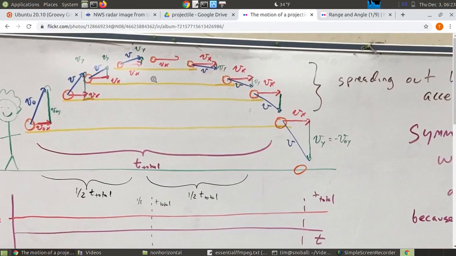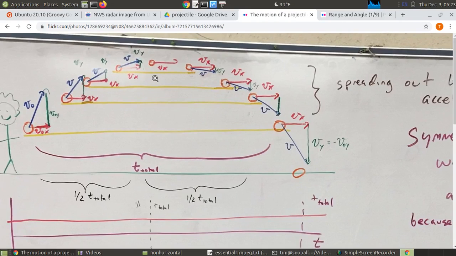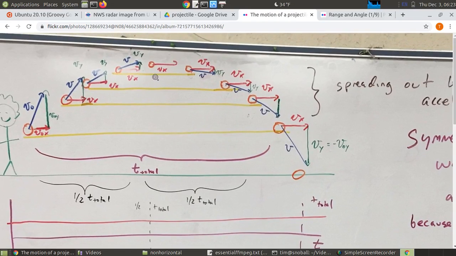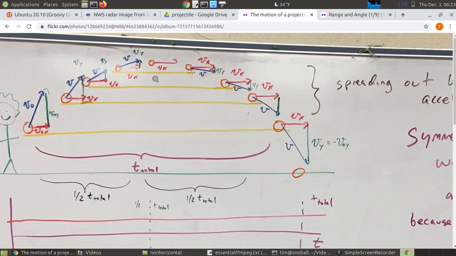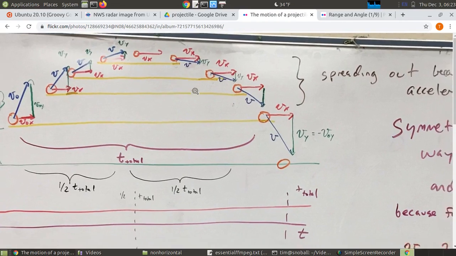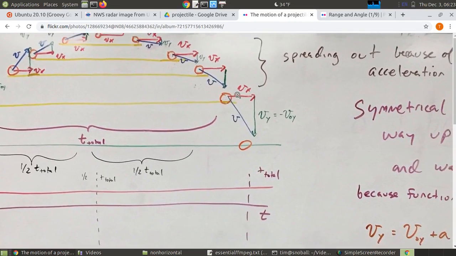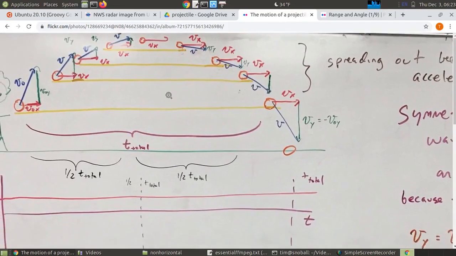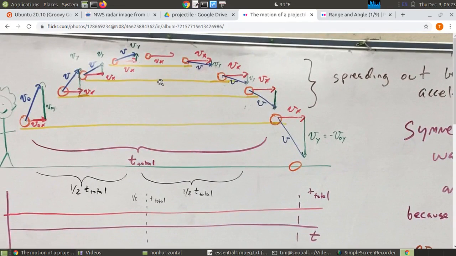We learned that we can use Vy equals 0 at the top to solve for anything we need to about the ball when it gets to the top. And we learned we can find a final velocity by combining Vx and Vy. We also learned that the maximum range of a projectile will happen when that launch angle is 45 degrees, which is a compromise between velocity and the two dimensions.